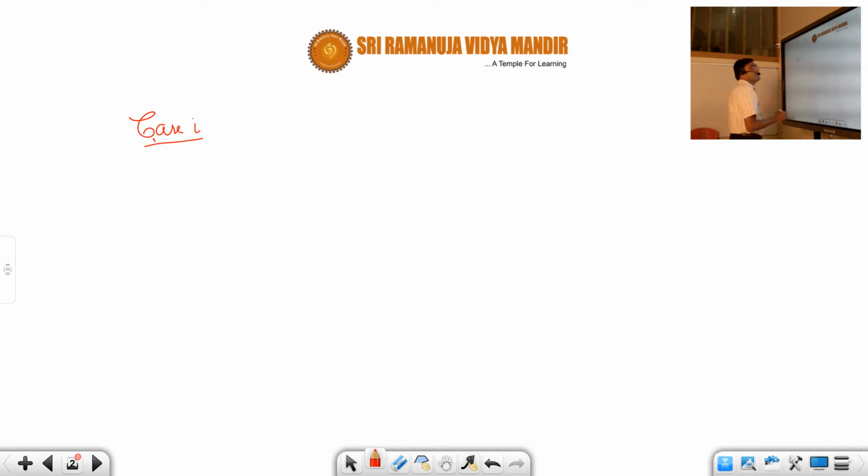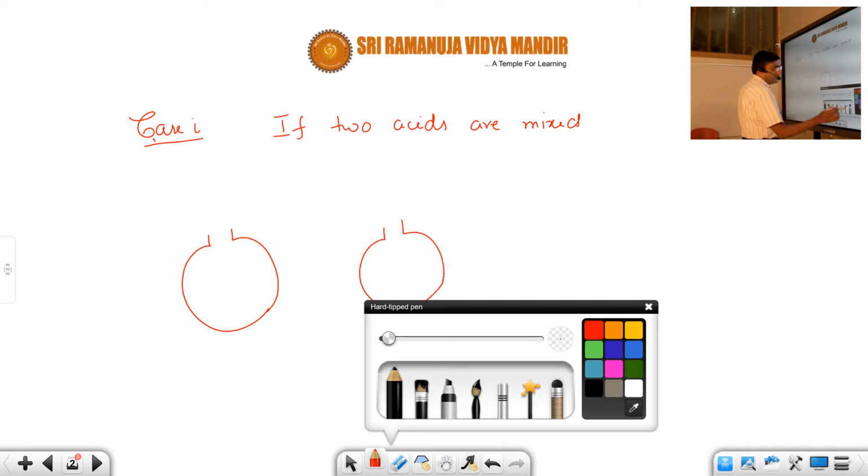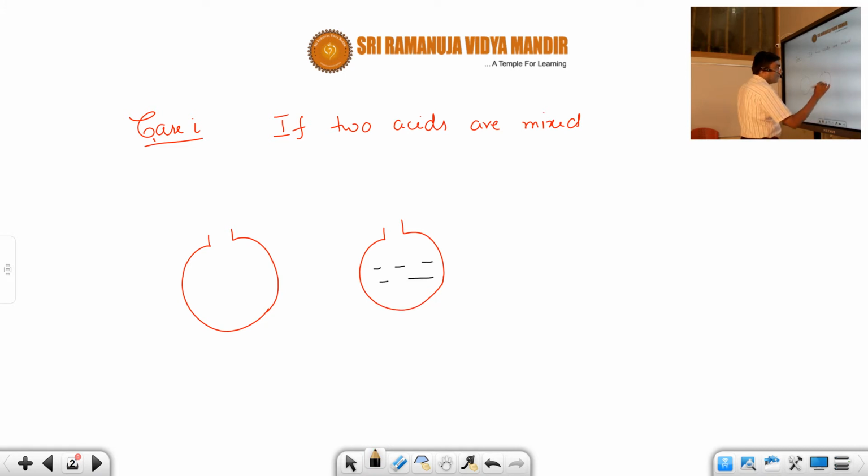Case 1 is if two acids are mixed. Here you have one acid, and here you have another acid. This acid has molarity M1, volume V1.